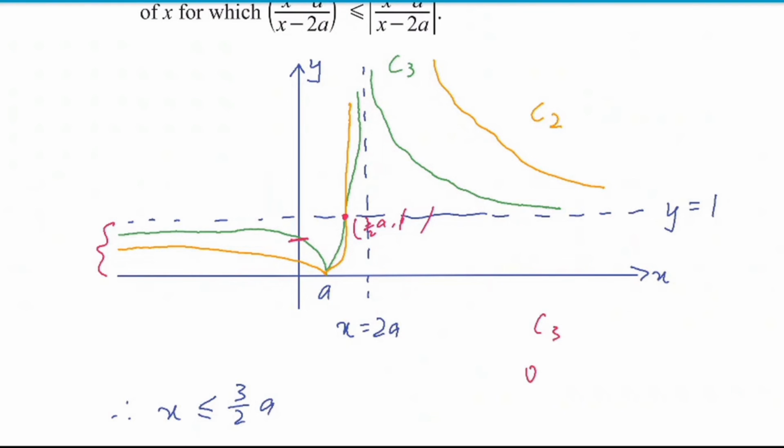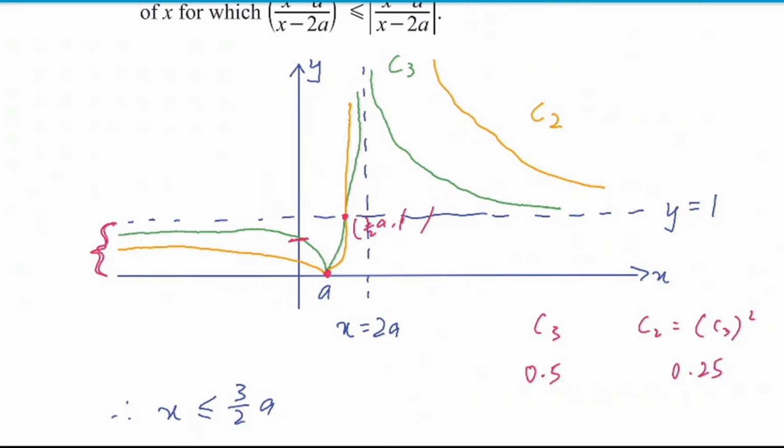If C3 has the value 0.5, C2, which is C3 squared, has a much smaller value. So in this region here, from 0 to 1 for y, C2 should appear lower than C3, but they have one intersection point here, of course, when they have 0. So this is how we can construct this curve here.